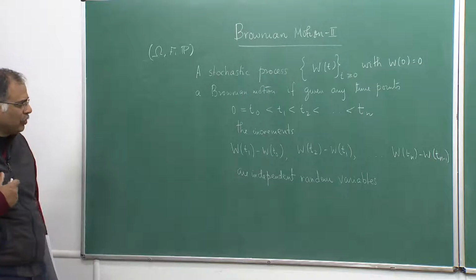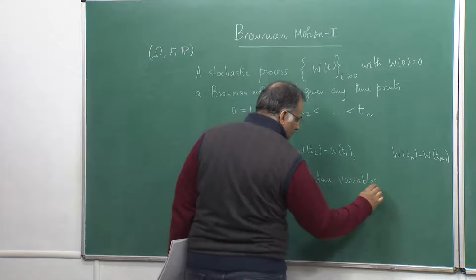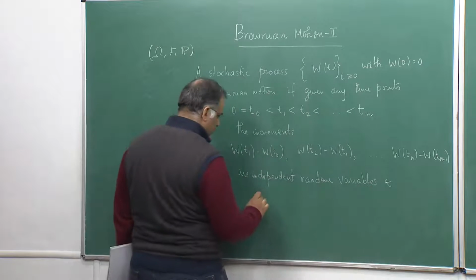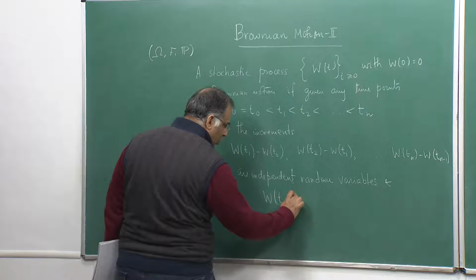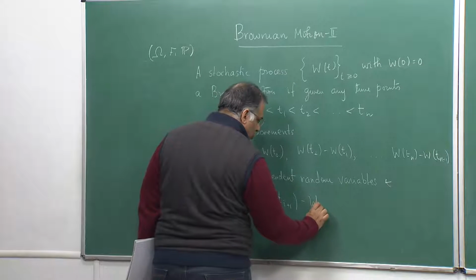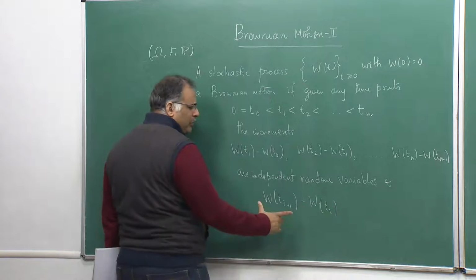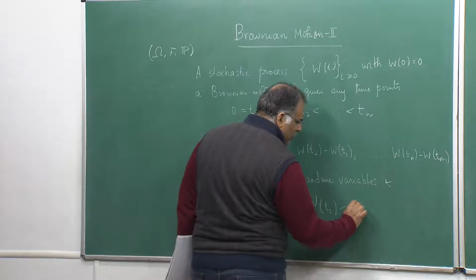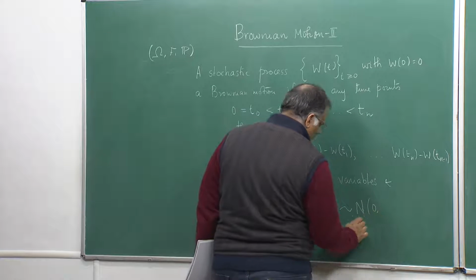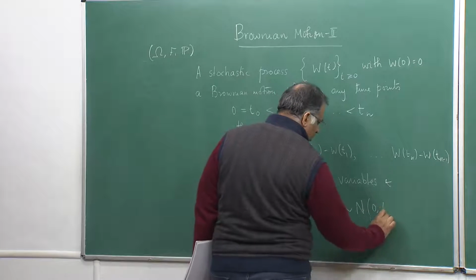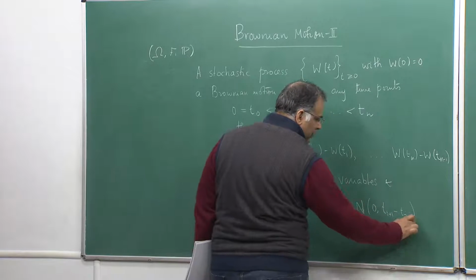It is a very short and compact course. So, these are independent random variables and W(Ti+1) minus W(Ti) follows the normal distribution with mean 0 and variance Ti+1 minus Ti.